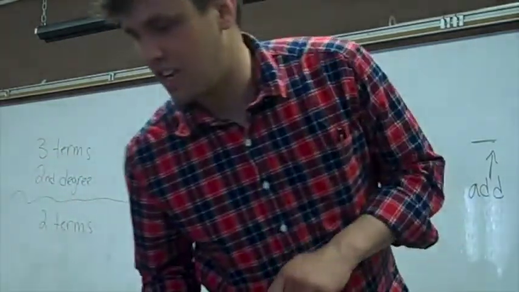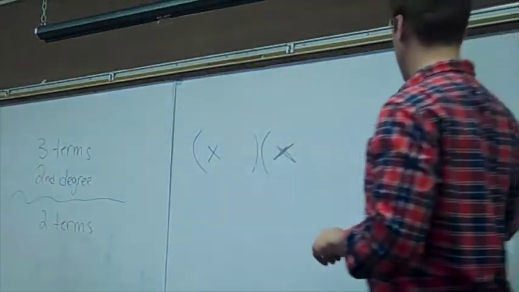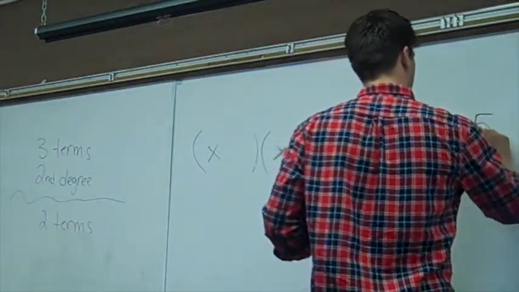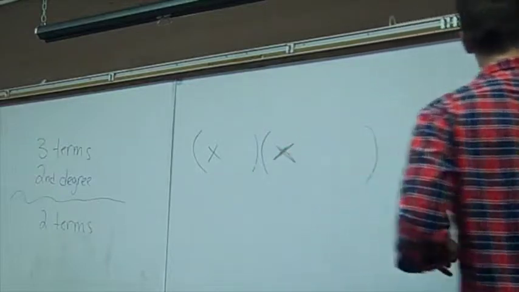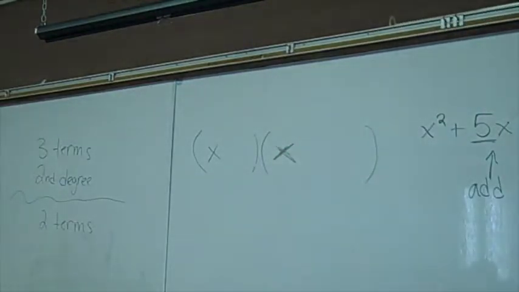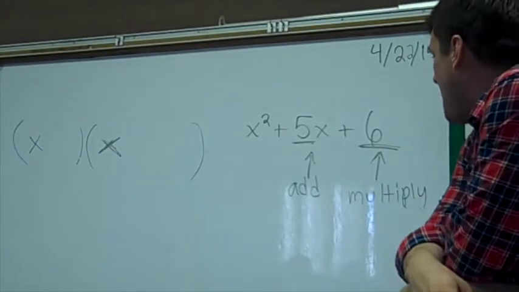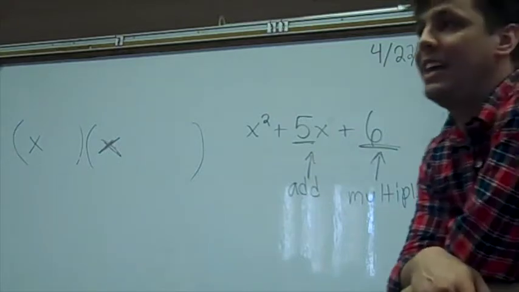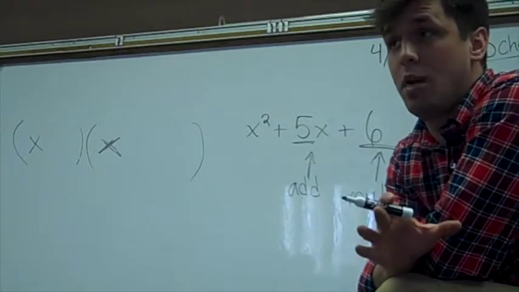And so the first example, x squared plus 5x plus 6. We need 2 numbers that add to 5 and multiply to 6. Some of you might be able to just look at it and realize, oh, I know those 2 numbers.